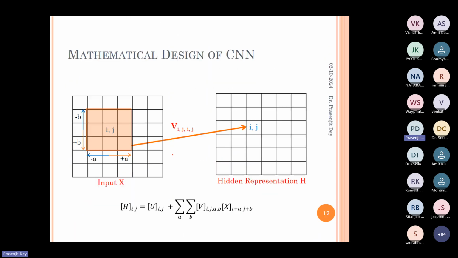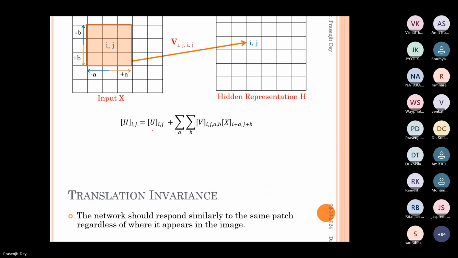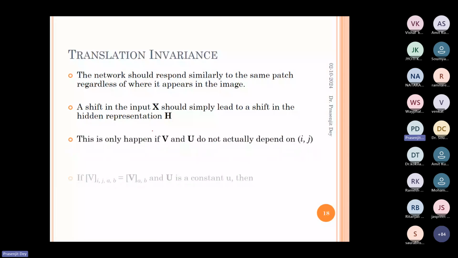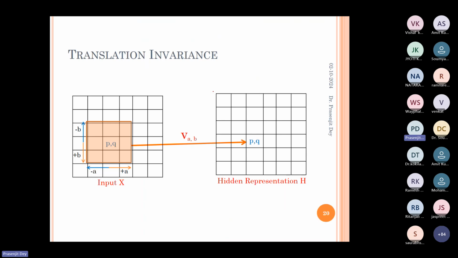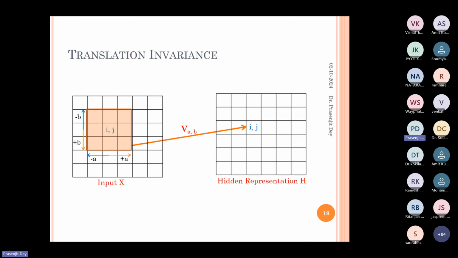There is another concept, translation invariance. I'm not going into the mathematical detail, which I have already covered a little, so let me explain it pictorially. Suppose you want to look for the beak of a bird. It doesn't matter where the beak of the bird is.